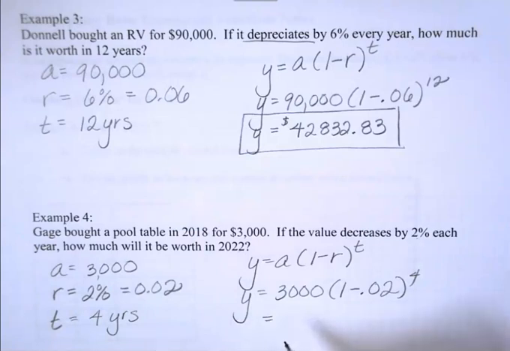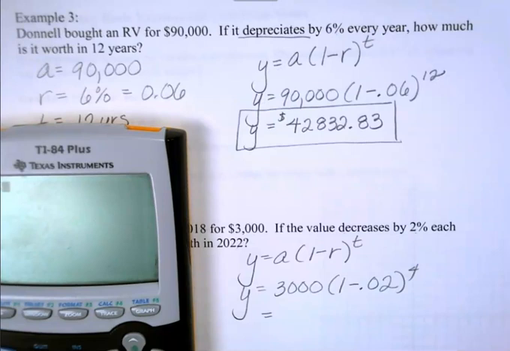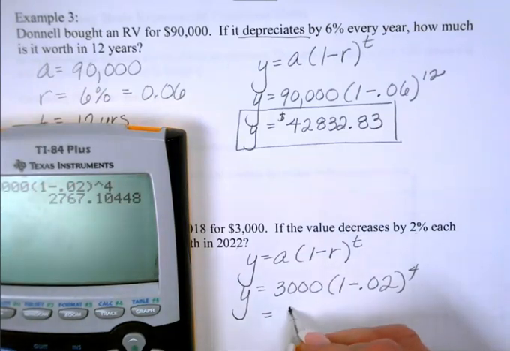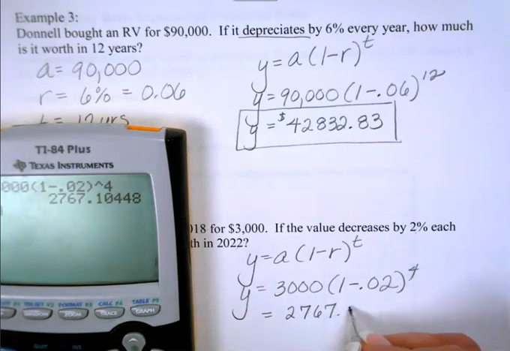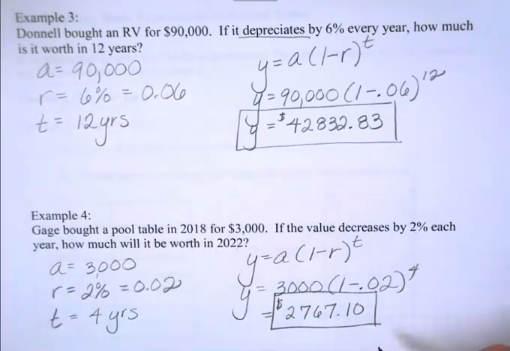And let's go ahead now and type that in on the calculator and evaluate that. So that will give me $2,767.10. And that will complete today's notes.